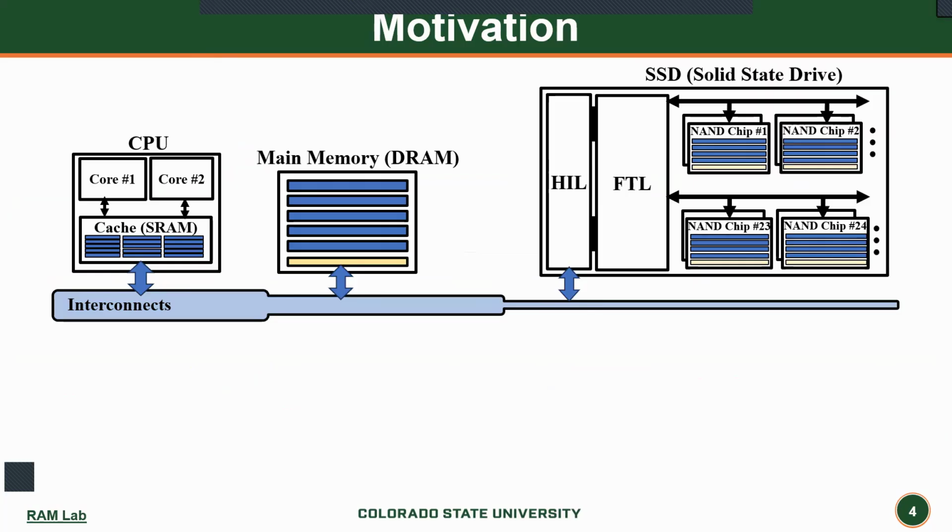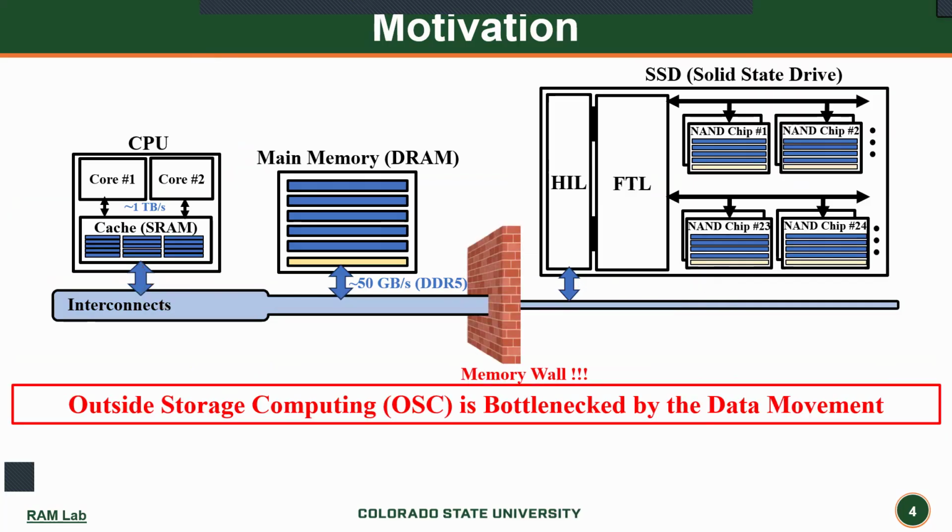In a traditional computer architecture, data is required to be moved or accessed throughout the memory hierarchy. And as the workload size increases, the CPU has to go further and the memory bandwidth drops significantly towards the SSDs. So outside storage computing is bottlenecked by the data movement.